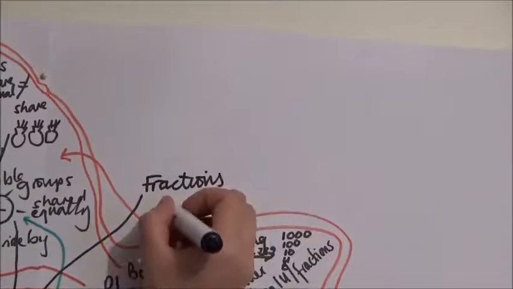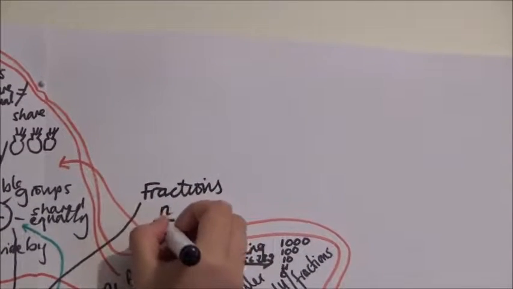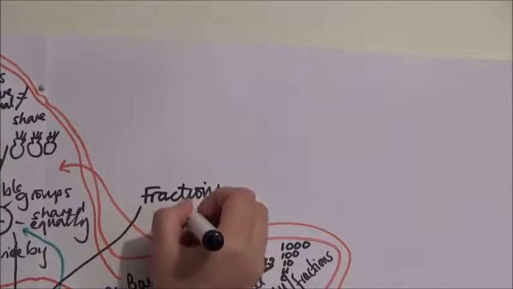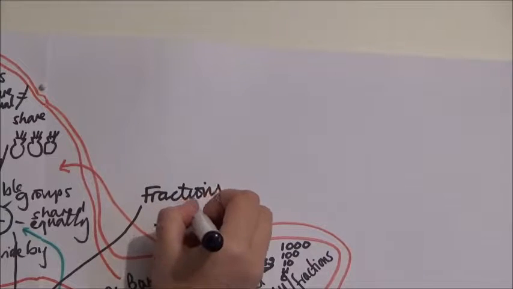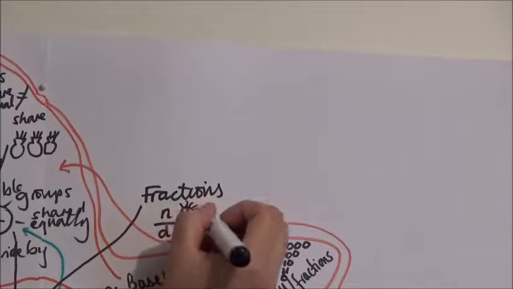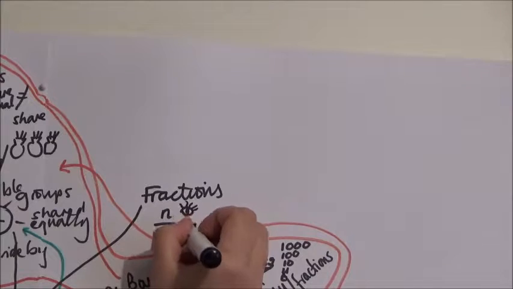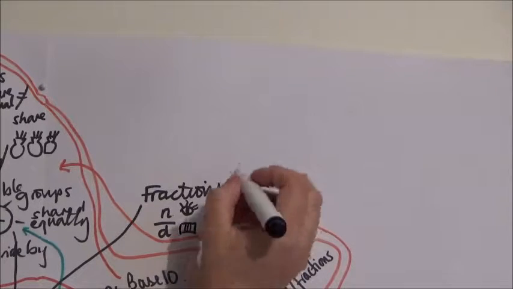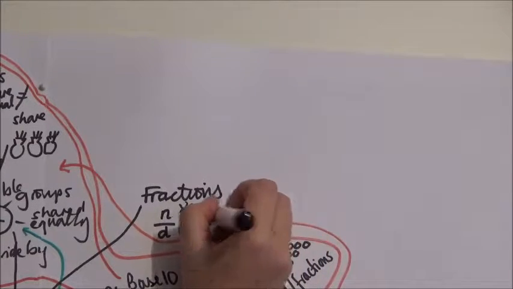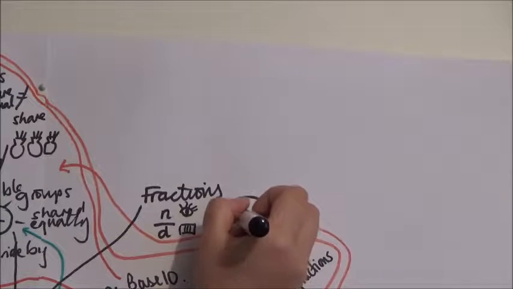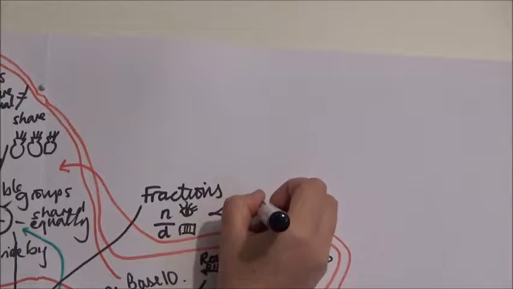Remember, we said the top of the fraction is the numerator, the bottom is the denominator. The numerator is how many we're looking at, and the denominator is how many pieces make a whole. We talked about saying the fraction, that the denominator is like a race position.